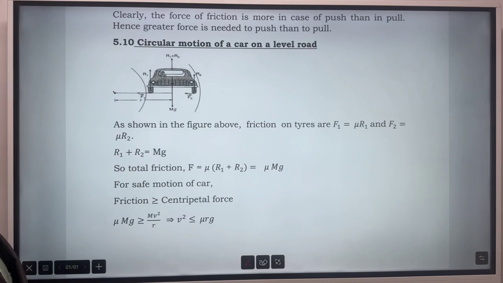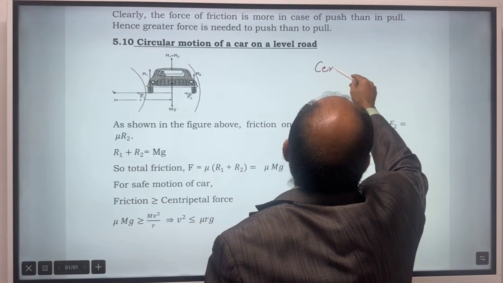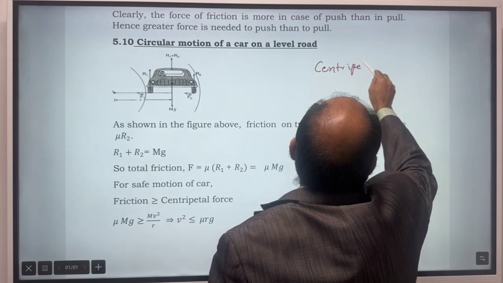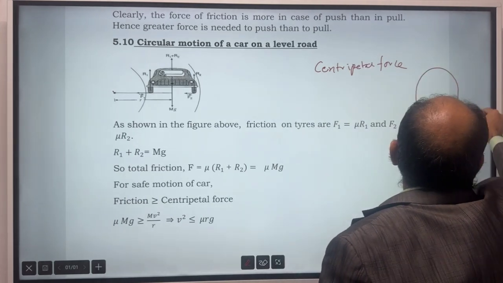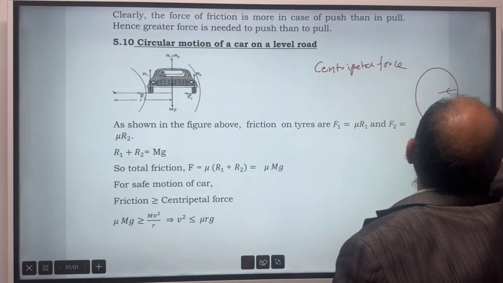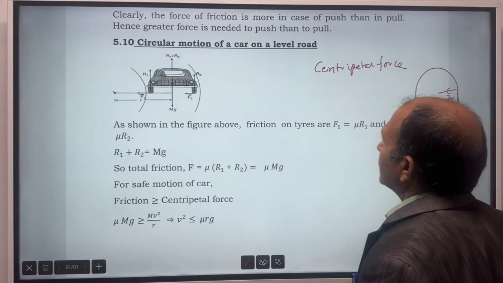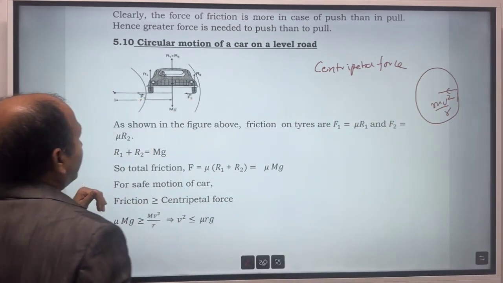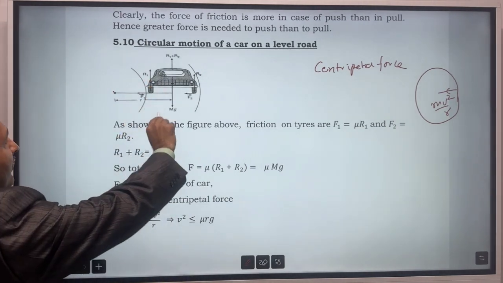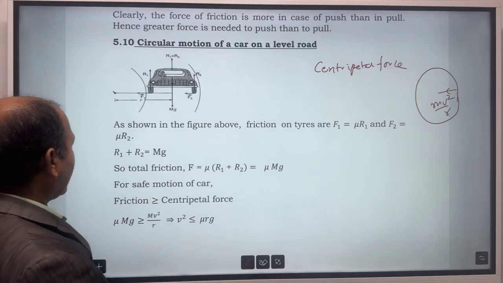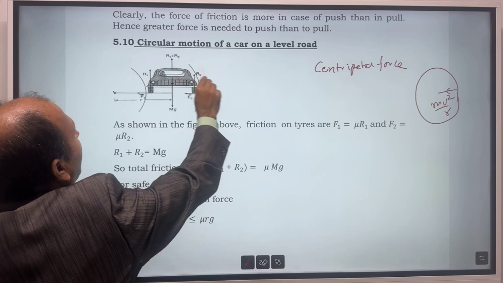So here friction will provide centripetal force. Do you remember what is centripetal force? Centripetal force acts toward the center when a body moves in a circular path, and it is given by mv square upon r. So it depends on mass, velocity and radius. Here radius is r, mass of car is capital M. We can easily evaluate, but before that we have to find out other things like weight of the body and normal reaction.